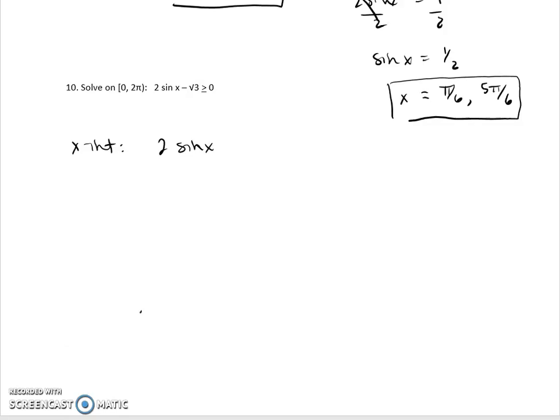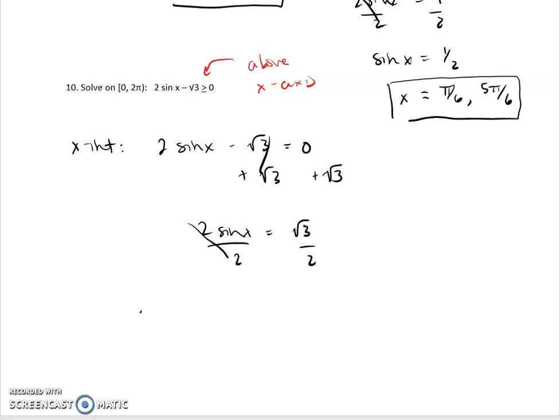So we're going to set this equal to 0 and solve, and we're still looking for above. That part didn't change. So we're going to solve for sine. We've got 2 sine x equals square root of 3.